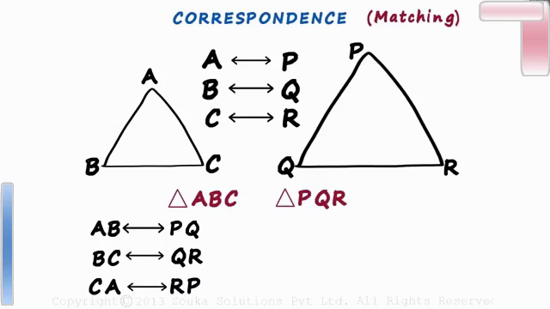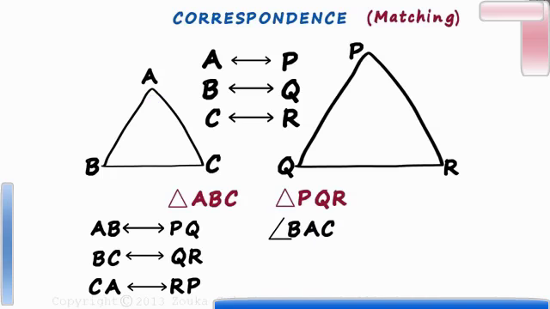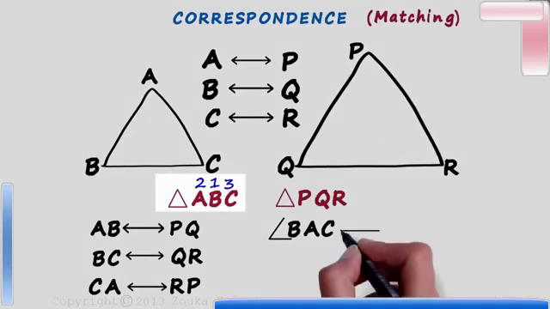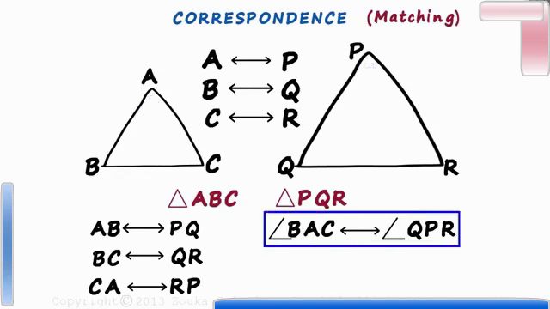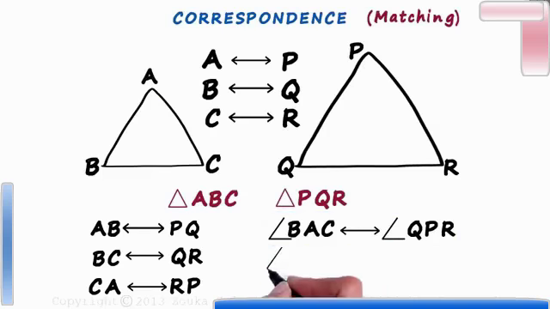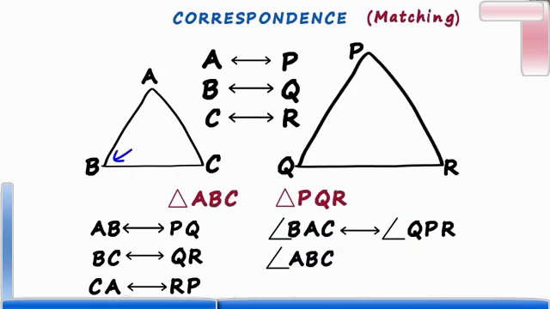What about angles? Consider this angle, angle BAC. Which angle does it correspond to? It's BAC. So it will correspond to angle QPR. We could also have said angle A corresponds to angle P, but this gives us a clearer picture. Now look at the second angle, angle ABC. Which angle does it correspond to?